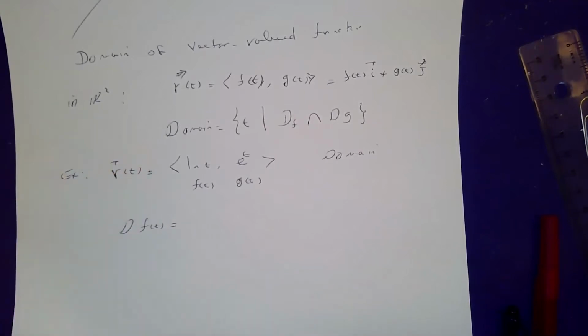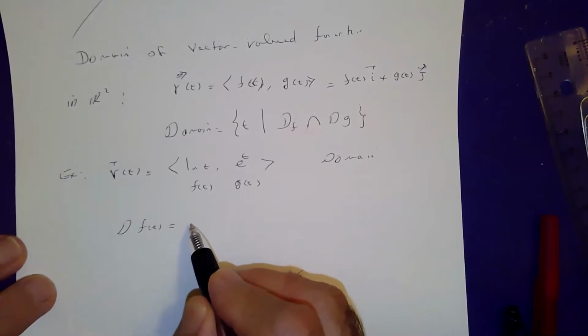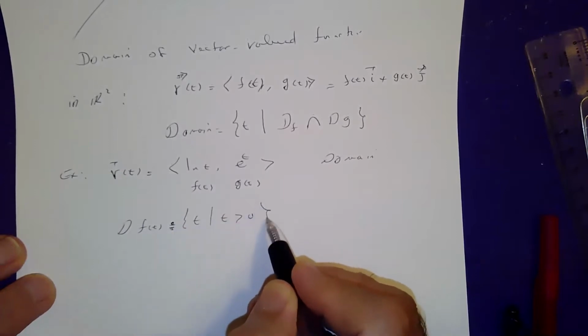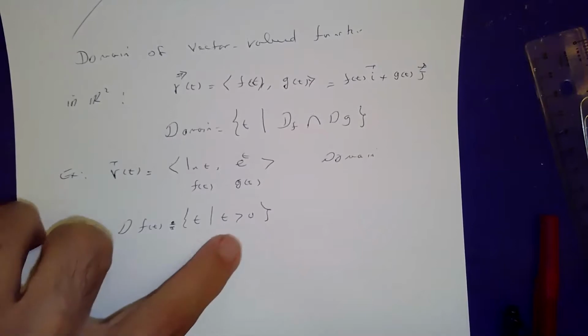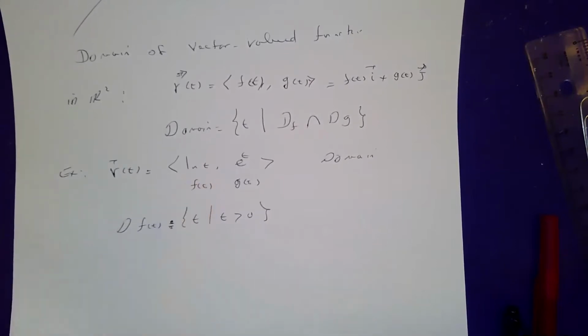Let me see what we have in the chat. Oh, you said 0 to infinity. So what you're saying is this would be all values of t such that t is greater than 0, not equal to 0. Equal to 0 will blow up the natural log.